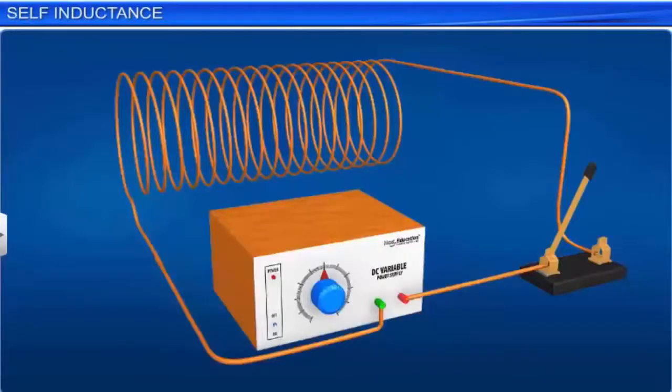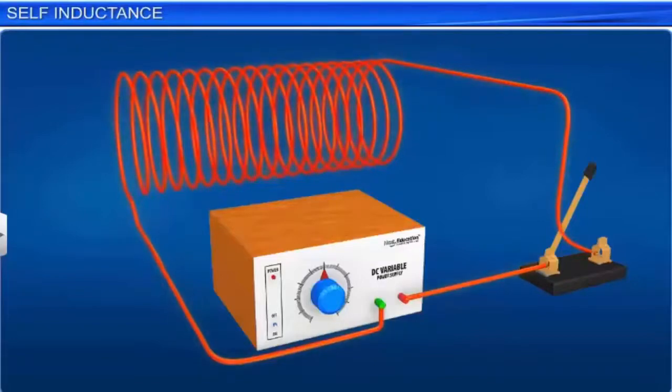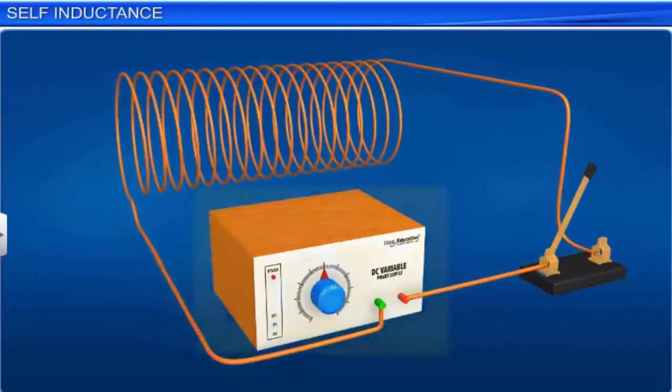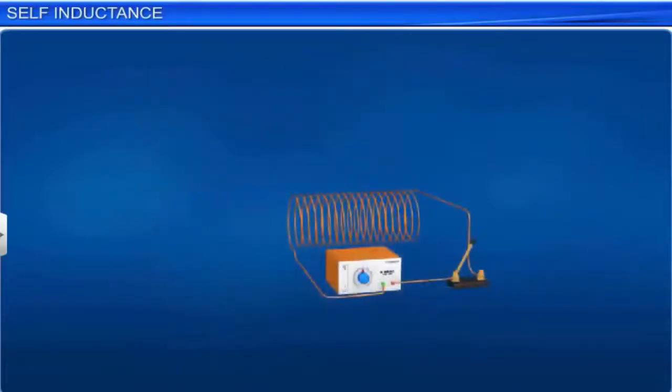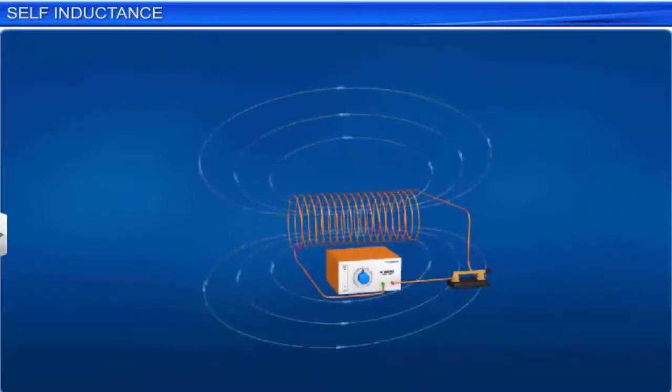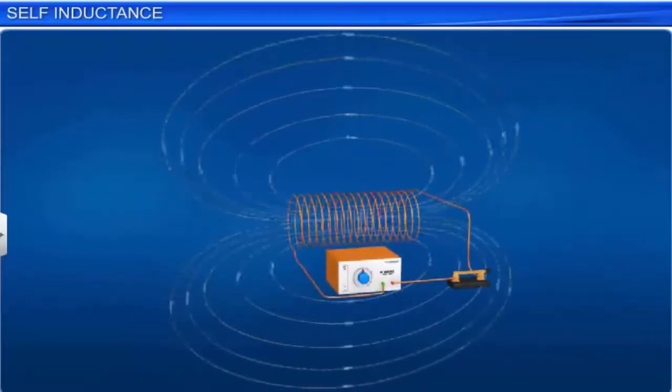Consider a circuit consisting of a coil having n number of turns connected to a source of EMF in which current can be varied with time. When the source current is in the direction shown, a magnetic field directed as shown is set up inside the coil.